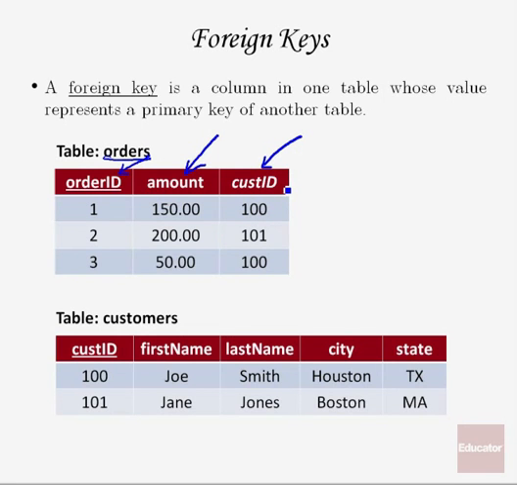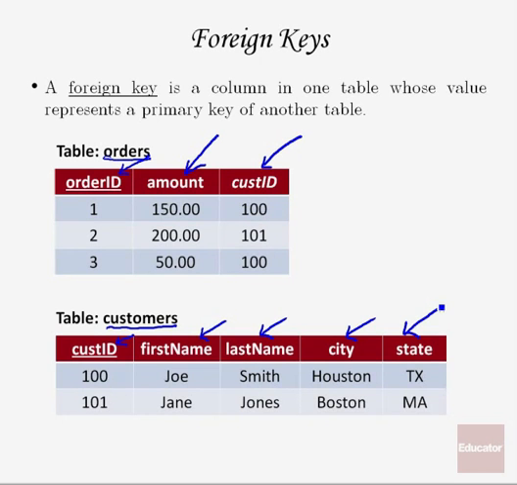row in another table. So for example, if we instead move all the information about Joe Smith and Jane Jones into its own customers table, we can create a new table called customers that has a unique ID for each customer, which would be the primary key of that table. And then it has columns for their first name, last name, city, and state.